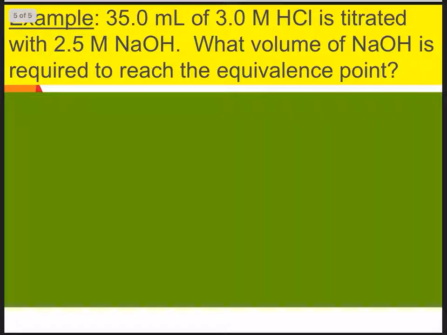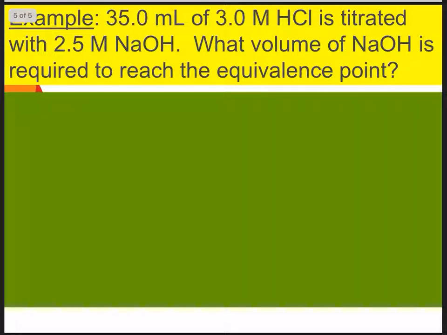This is the last example of the day. After this, you will have the rest of class to work on worksheet number 2. We have 35 milliliters of a 3 molar HCl solution, and it is titrated with 2.5 molar sodium hydroxide. What volume of sodium hydroxide is required to reach the equivalence point?